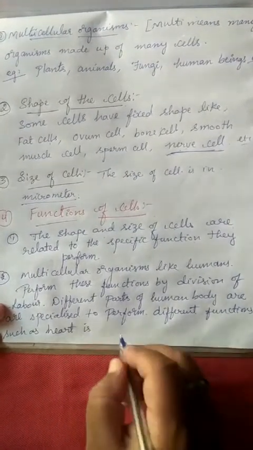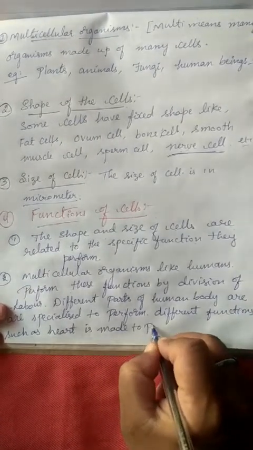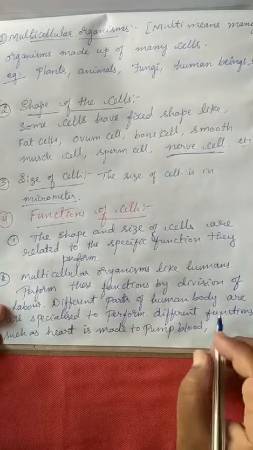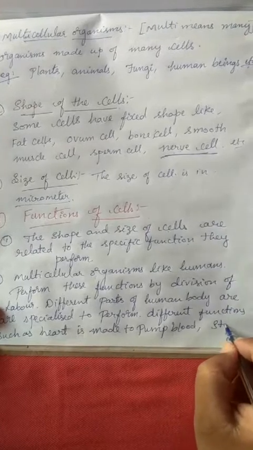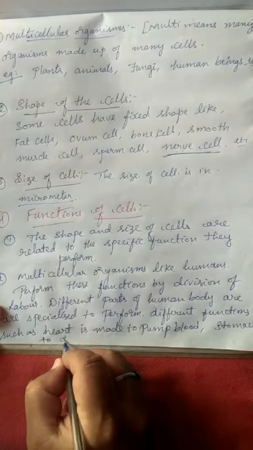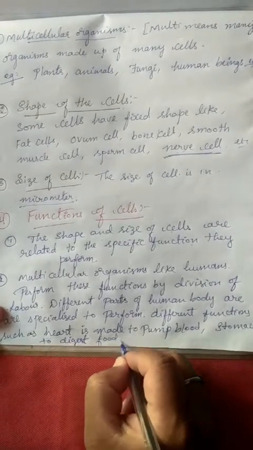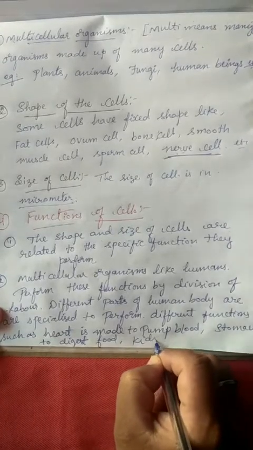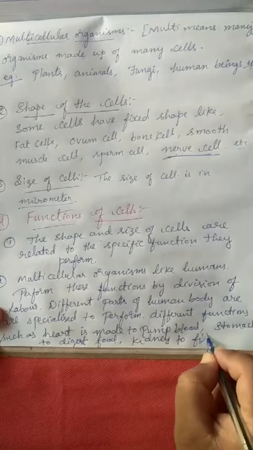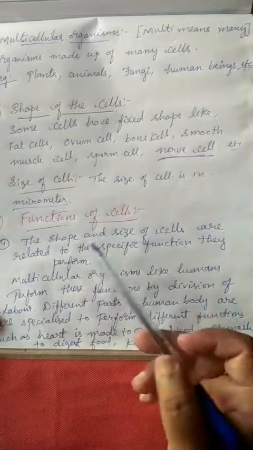What is the function of the heart? It is made to pump blood. Stomach: what is the function of the stomach? Stomach is to digest food. What is the function of the kidney? Kidney is to filter urine. So these are the main functions of the cells.